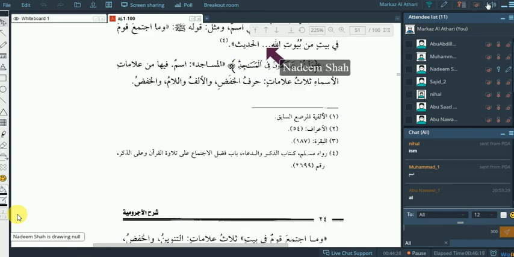This hadith is in Sahih Muslim. يَتْلُونَ كِتَابَ اللَّهِ, reciting the book of Allah, وَيَتَدَارَسُونَهُ بَيْنَهُمْ, and studying it amongst themselves, إِلَّا نَزَلَتْ عَلَيْهِمُ السَّكِينَةُ, except that four things happen. The sakina, peace, serenity descends upon them, وَحَفَّتْهُمُ الْمَلَائِكَةُ, and the angels surround them.